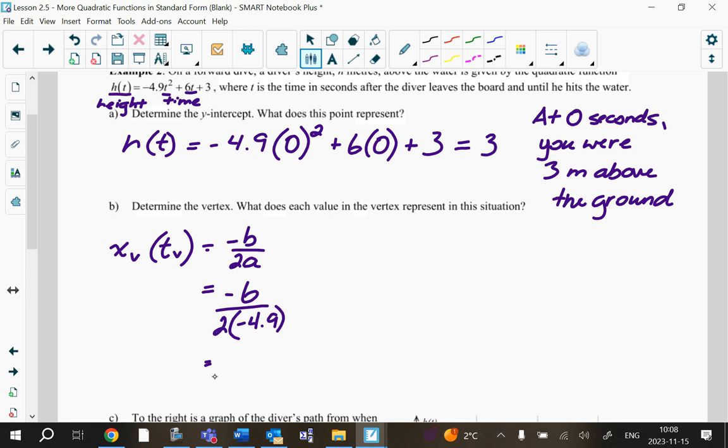Usually 2 decimal places is good. 0.61. That is correct. And then we take that 0.61 and plug it back into the function to find the y vertex, or in this problem, the h vertex.